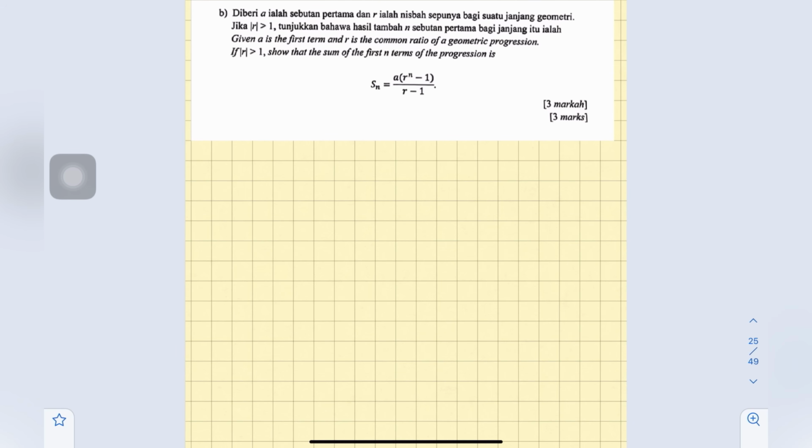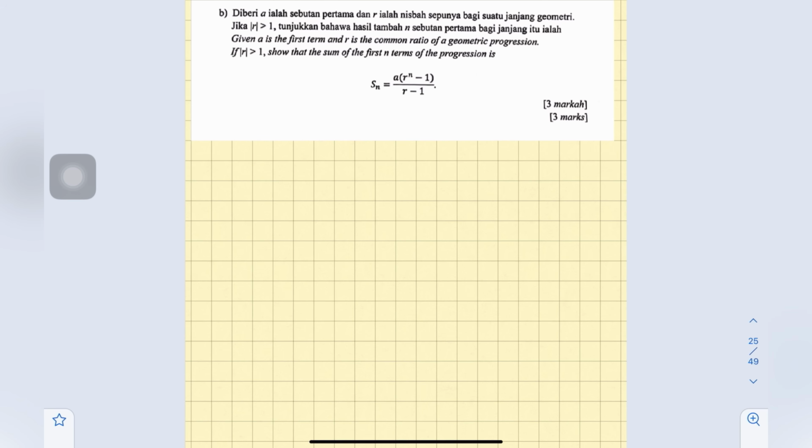B, given A is the first term and R is the common ratio of a geometric progression. If modulus R is more than 1, show that the sum of the first n terms of the progression is Sn equals A times R power of n minus 1 over R minus 1.